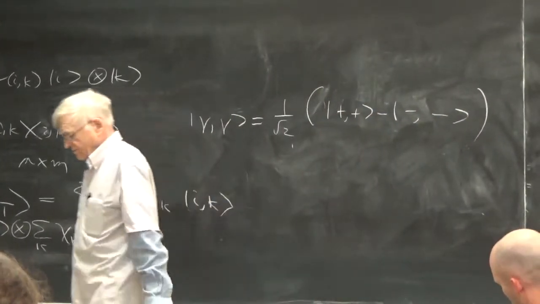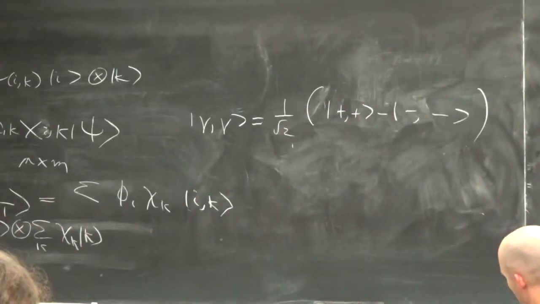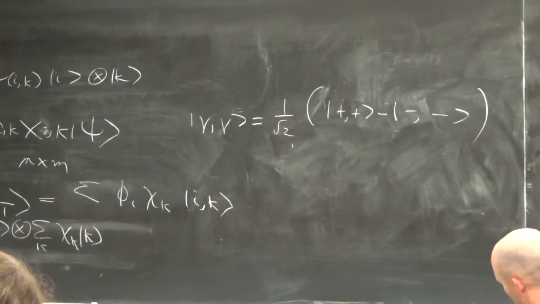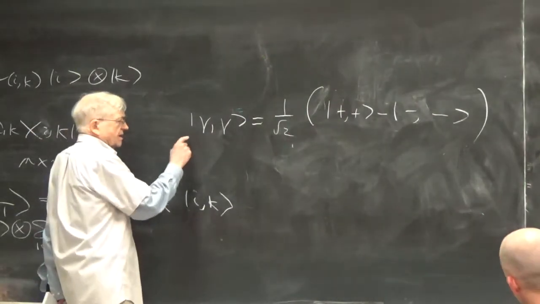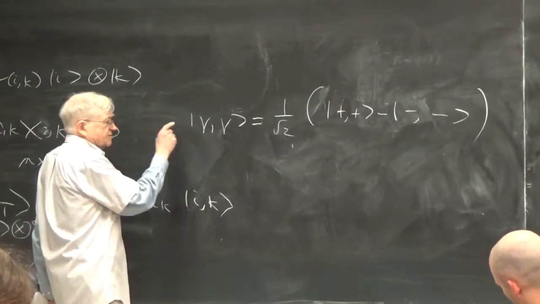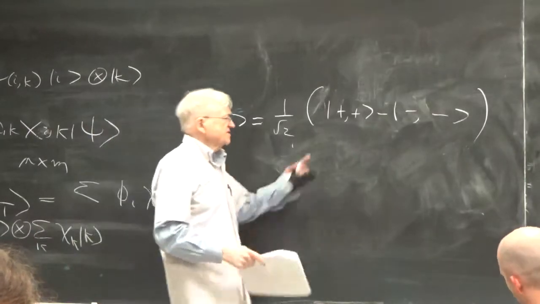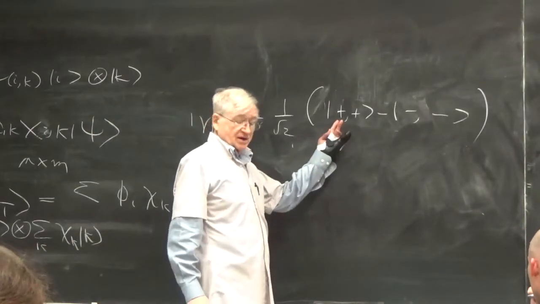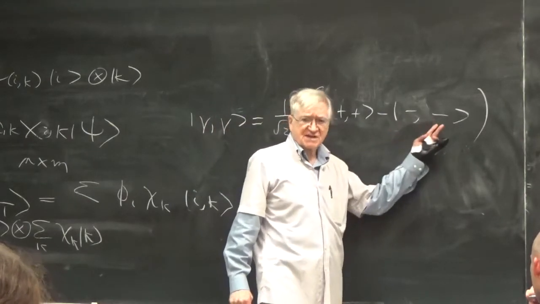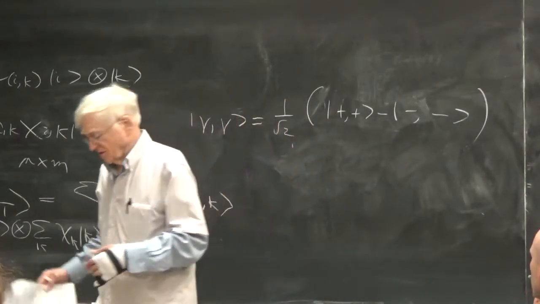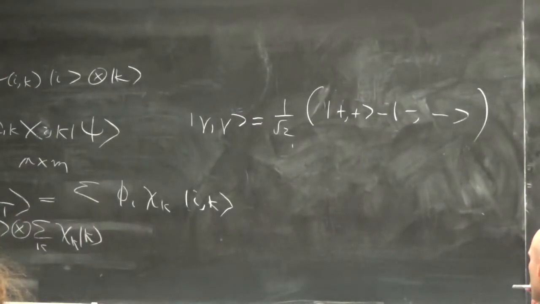This is an entangled state because if you measure an object in this state and one particle is spin up, the other one has to be spin up, or if the first one is spin down, the second one has to be spin down.